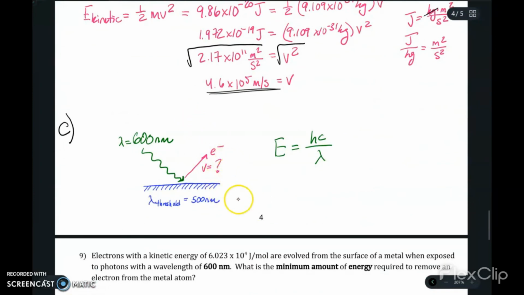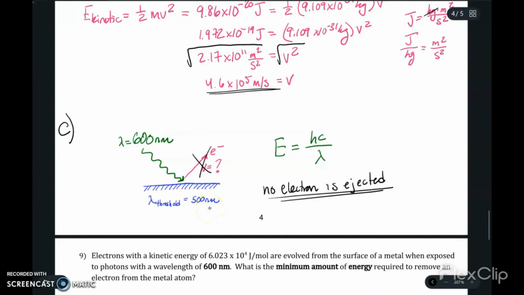Are we going to have some velocity? The answer is no electron is ejected. We don't see an electron being ejected because the energy of the 600 nanometer light is not going to be enough to eject an electron.